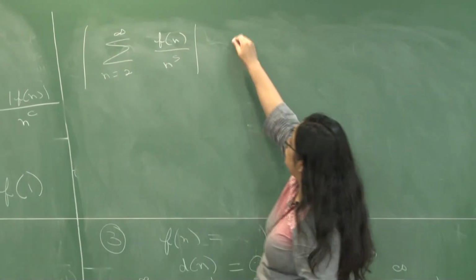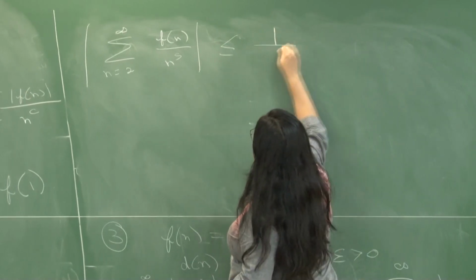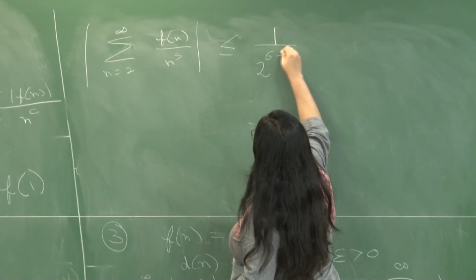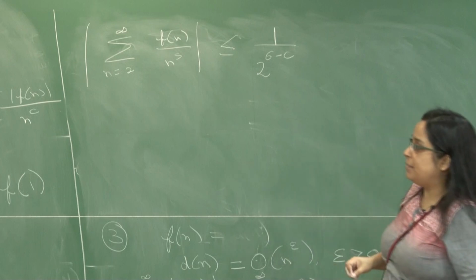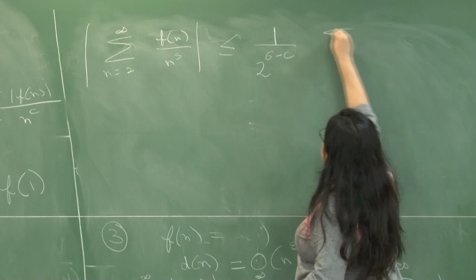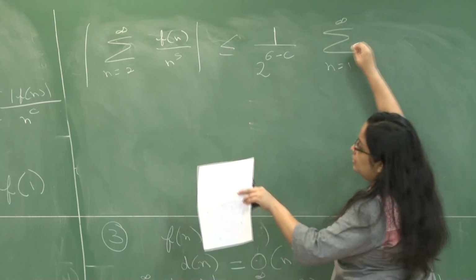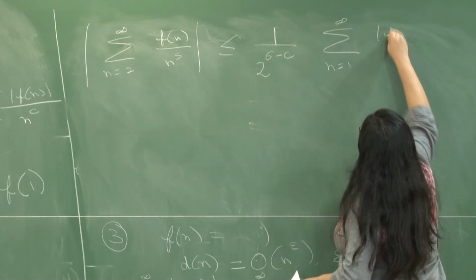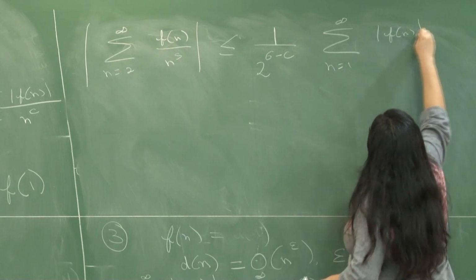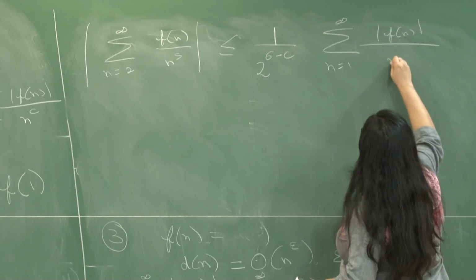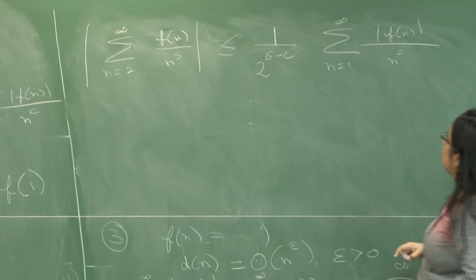This is less than or equal to 1 over 2 raised to the sigma minus c times the sum of absolute f of n over n to the c.